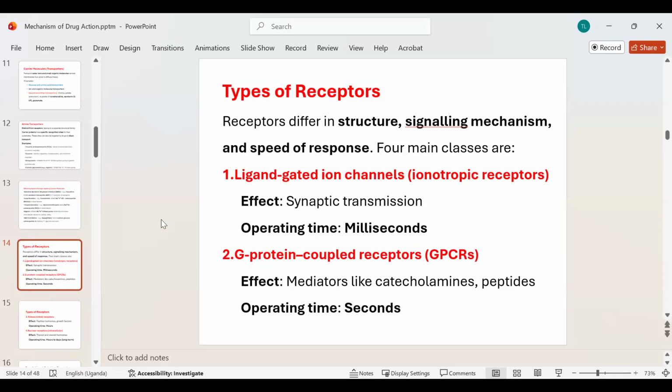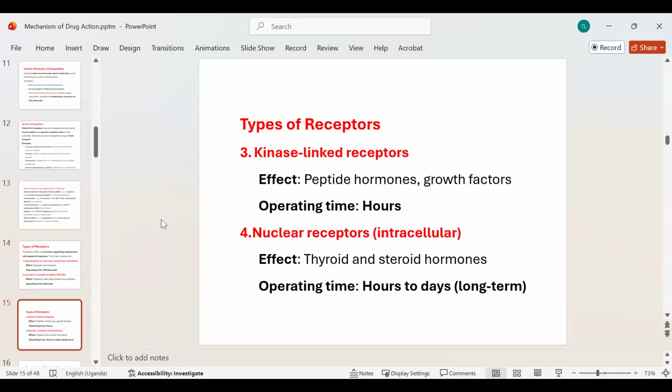The G protein coupled receptors, we normally abbreviate them as GPCR. These usually attach themselves to a G protein. The signaling at the G protein coupled receptors, we shall appreciate also when we come to it.